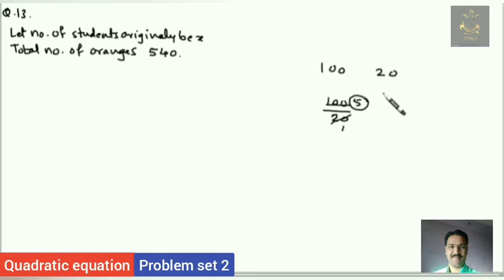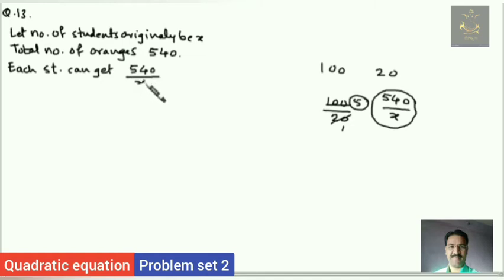Now here 540 oranges are there, and the number of students is x. So each student can get this much. Therefore, each student can get 540 upon x oranges.